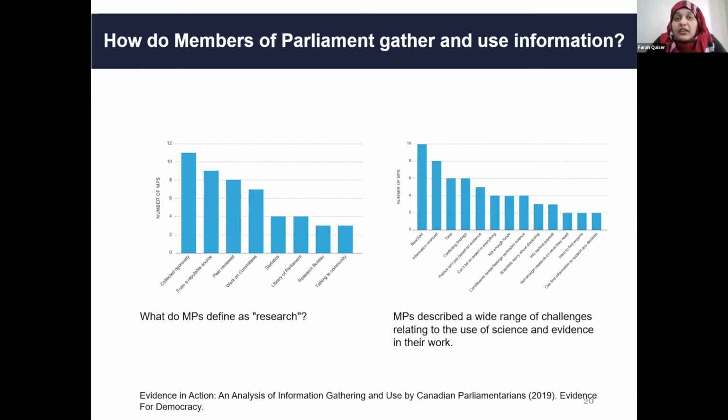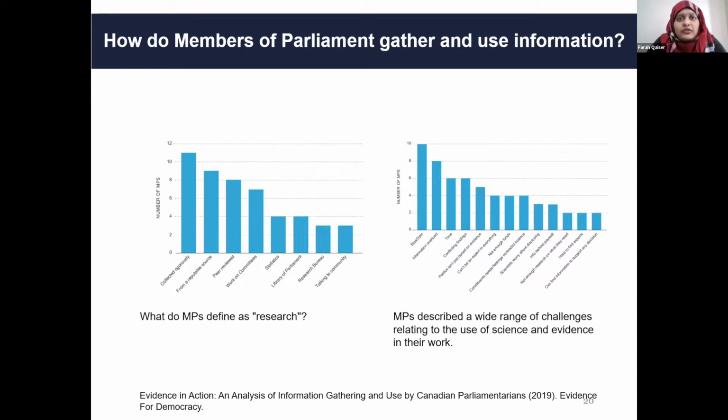And as for the challenges that members of parliament face when they're trying to use science and evidence at work, a lot of different comments came out. The most important one that was flagged was bias or spin. Members of parliament found that it was hard to figure out whether there was any bias involved in the information source they were using.